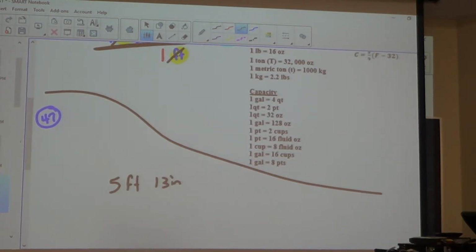So if our inches are over 12, we take away 12 inches and turn it into a foot, because 12 baby inches makes a foot. So this is a 6 foot, 1 inch tall person, because you can't go over 12.